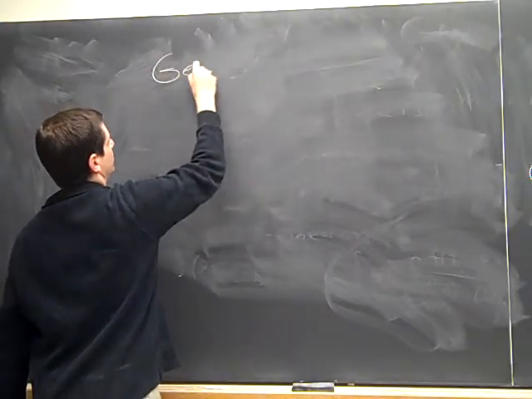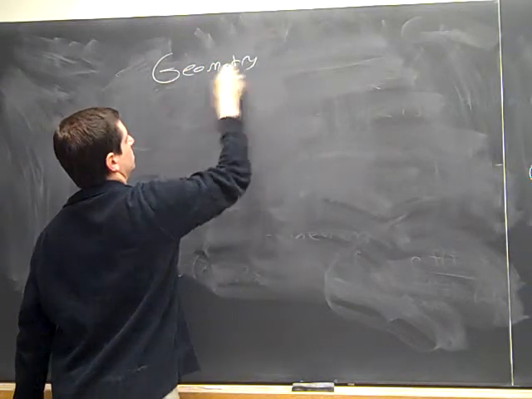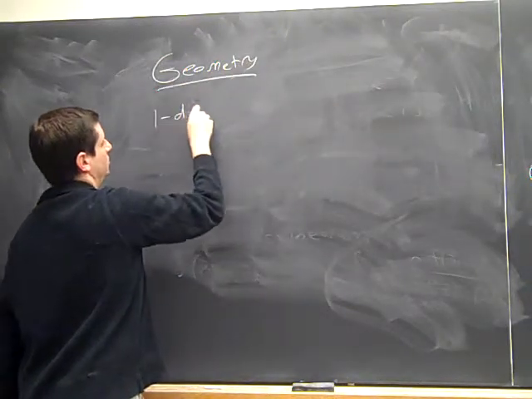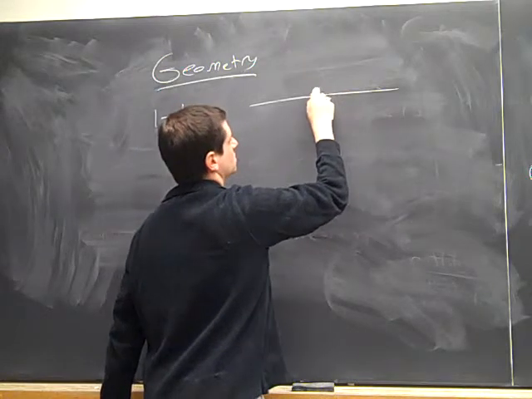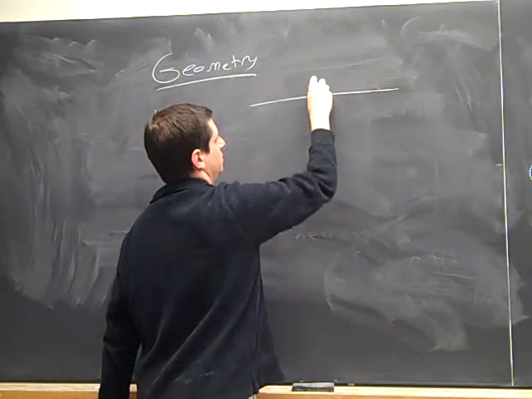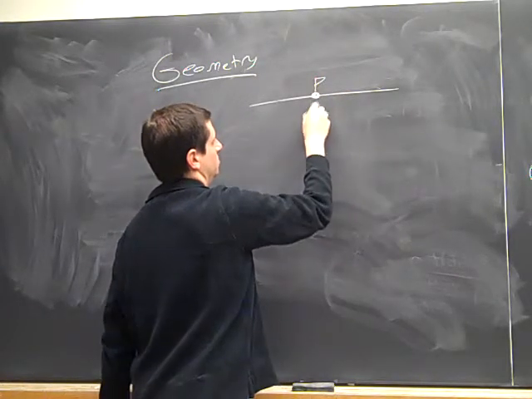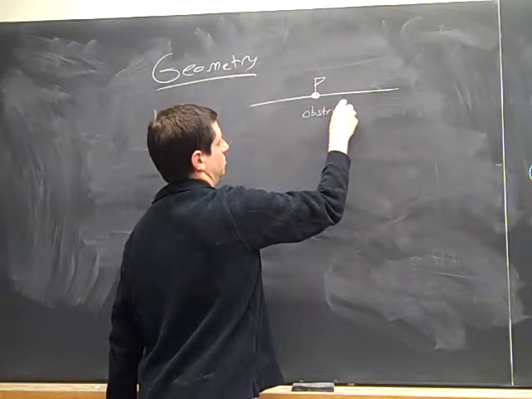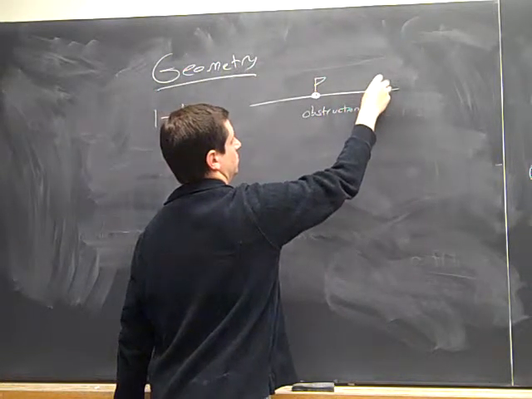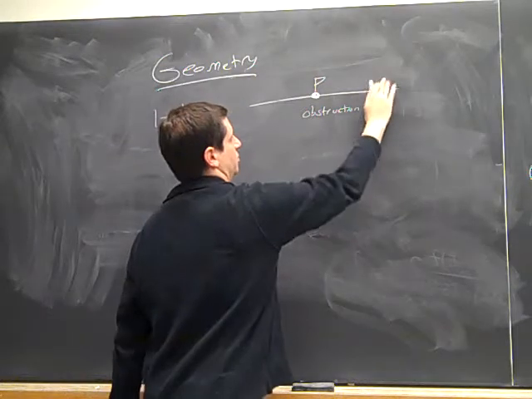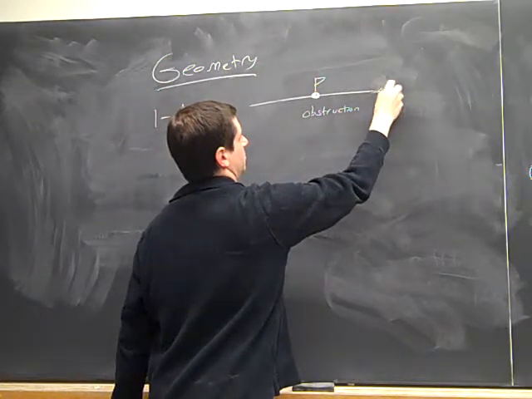So let's look at geometry. One dimension. And let's say, here's my obstruction. That's a problem for some. I'll change it to a car.